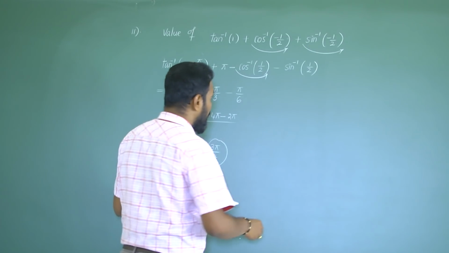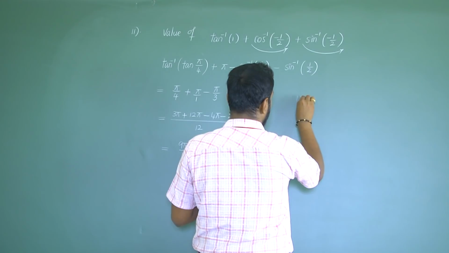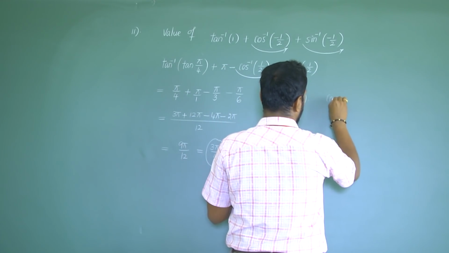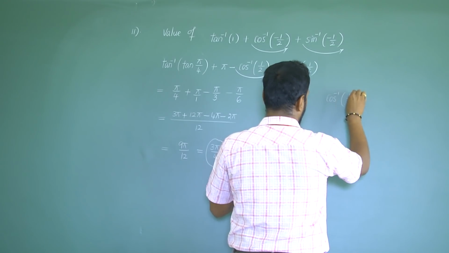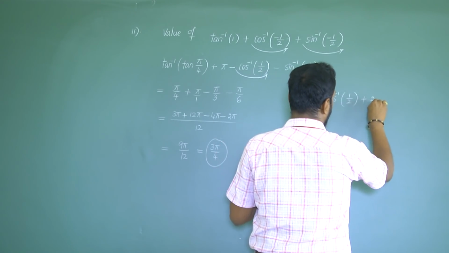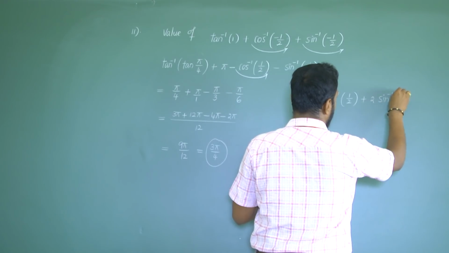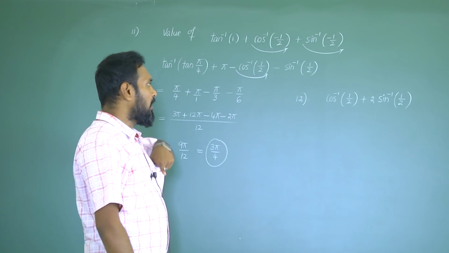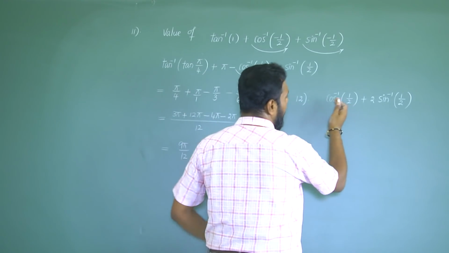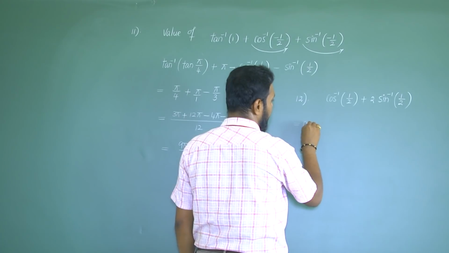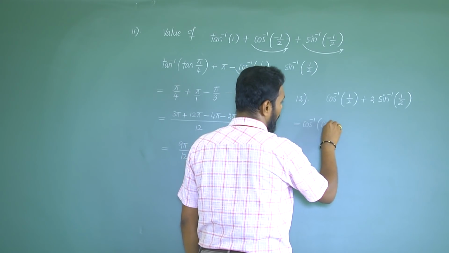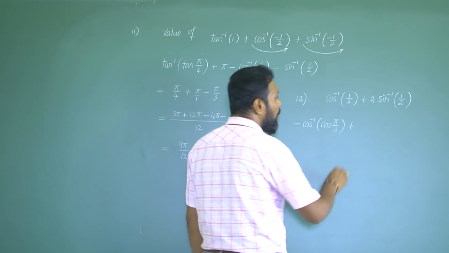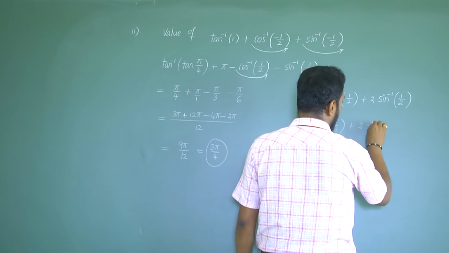Next, 12th question. Cos inverse of 1 by 2 plus 2 sin inverse 1 by 2. Now, how can I write 1 by 2 in terms of cos function? Cos inverse of cos pi by 3 plus 2 into sin inverse.